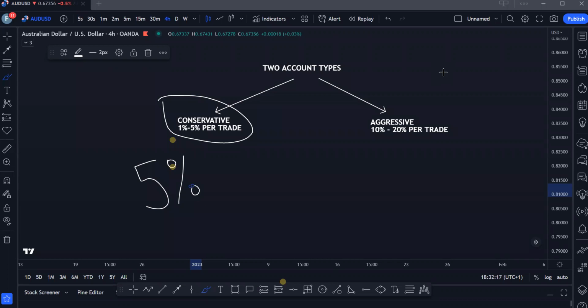Now, on an account that you decide to be aggressive on, you want to risk a minimum of 10% per trade, 10% to 20% per trade.